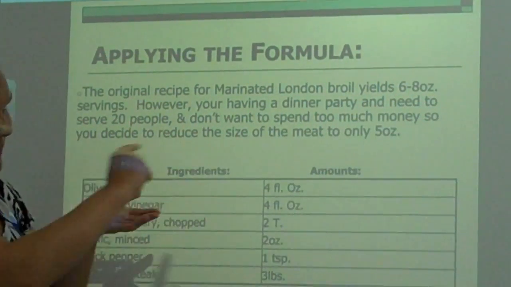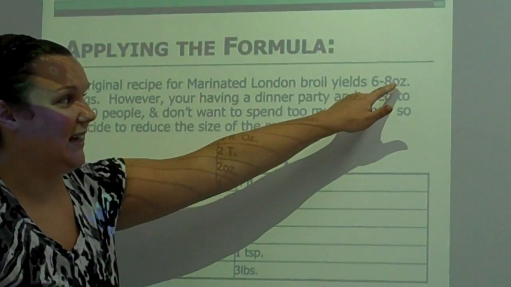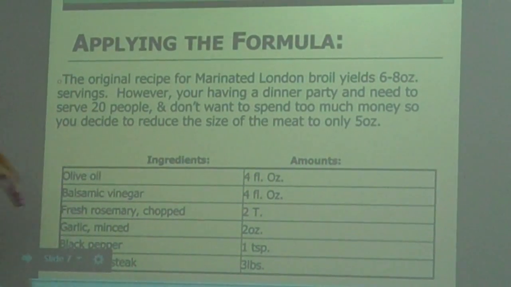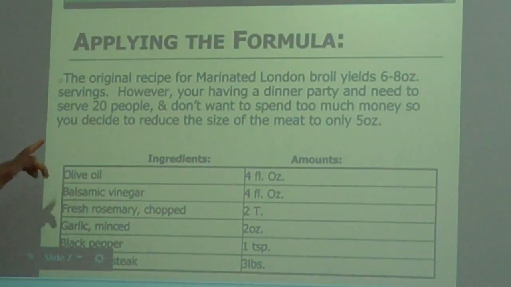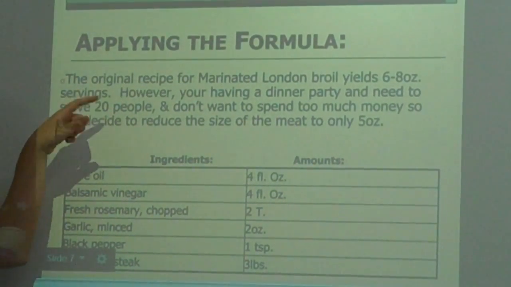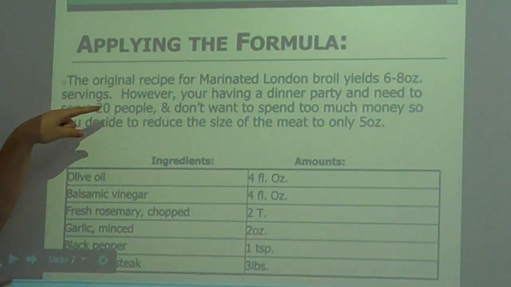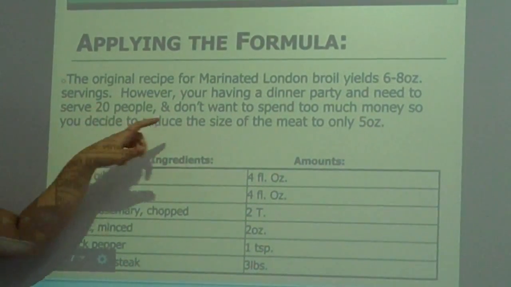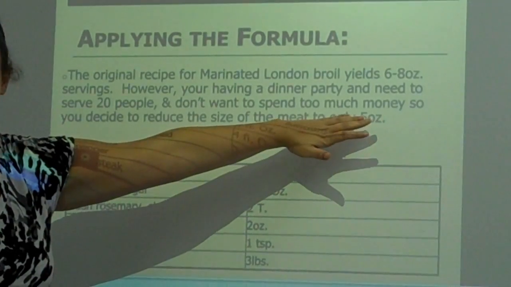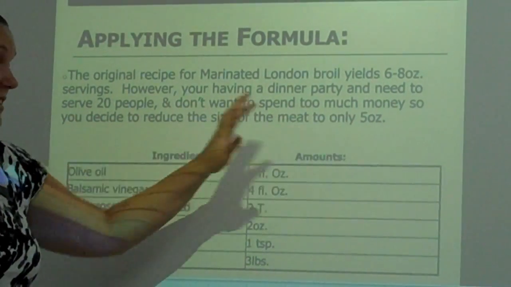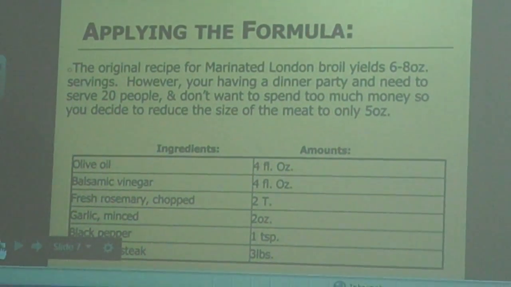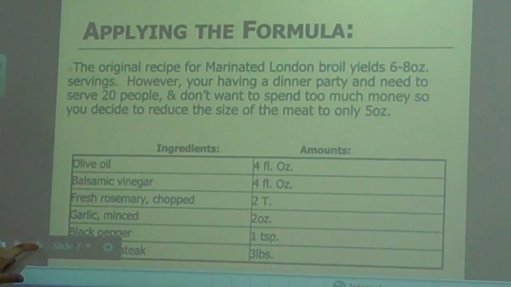That's what that dash means. 6 servings, and each serving is 8 ounces. However, now we're having a dinner party, and we need to serve 20 people. That's going to be our new yield, 20 people. And we're going to give them smaller portions of only 5 ounces because we don't want to spend that much money. Okay? So how are we going to apply this with our formulas?